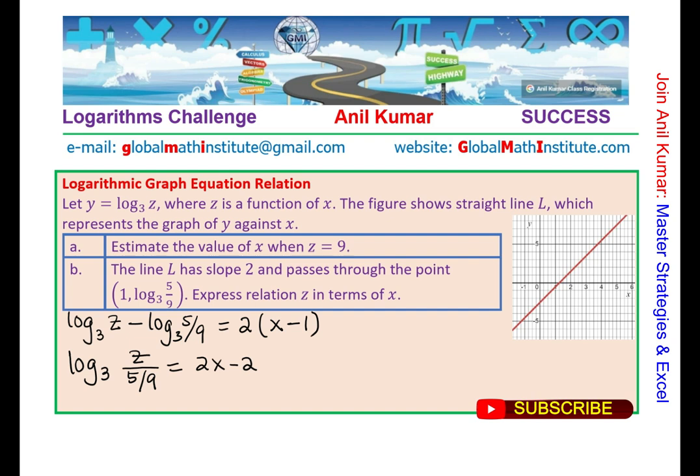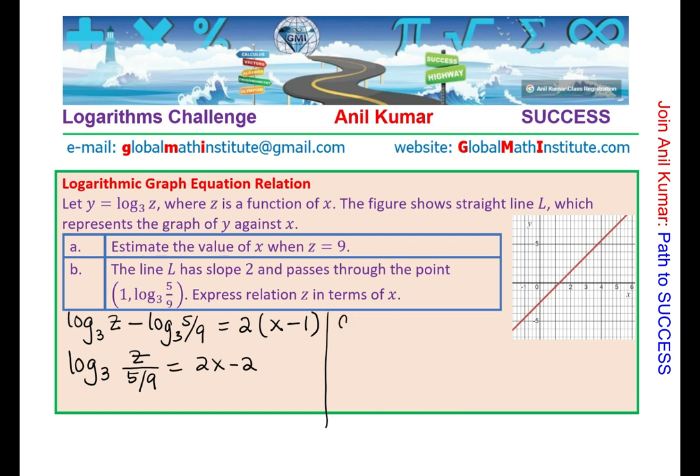Now we can write this in exponential form. In exponential form, we can flip this: 9z over 5 equals 3 to the power of 2x minus 2. And therefore, z is equal to 5 over 9 times 3 to the power of 2x minus 2.